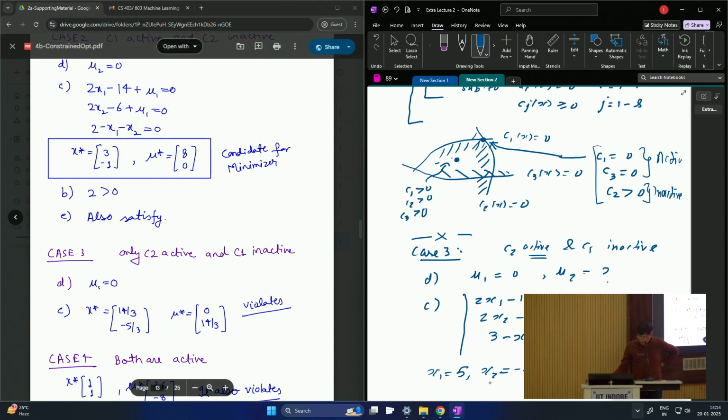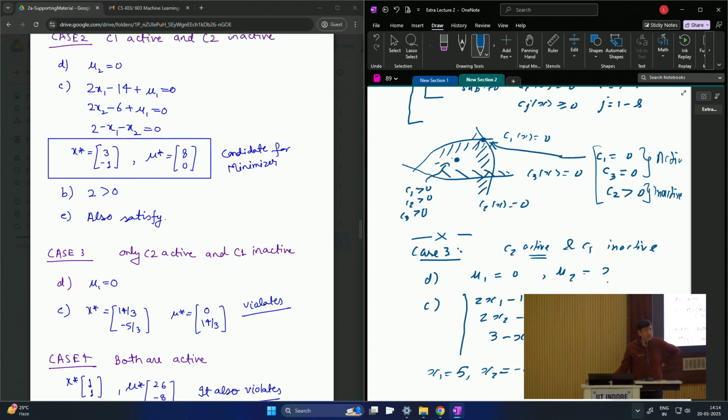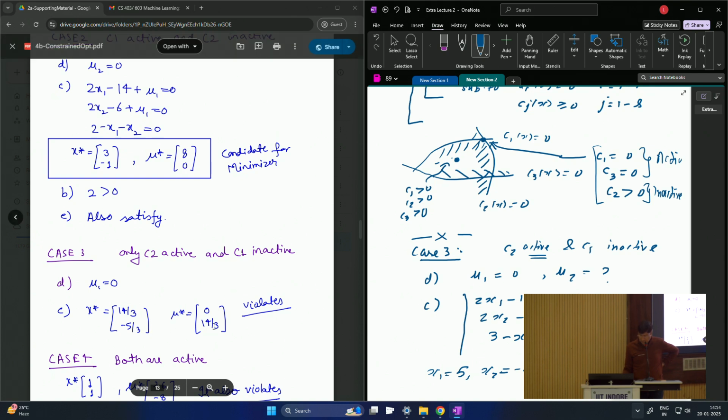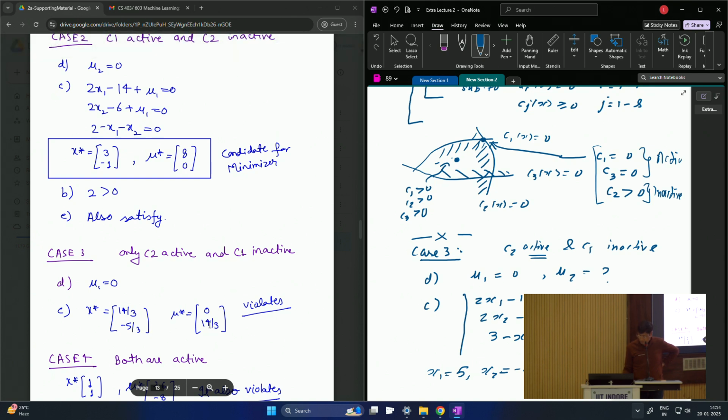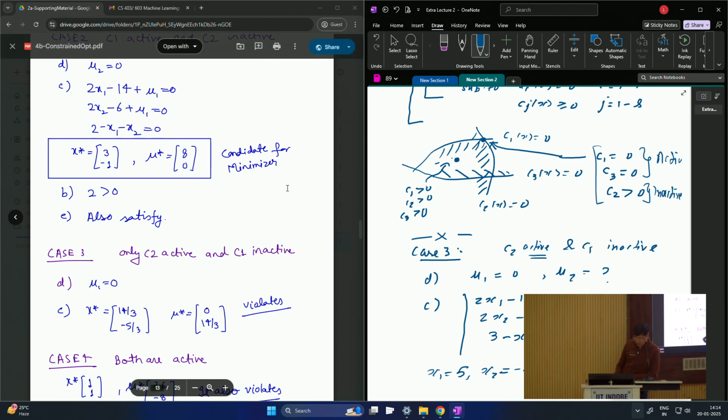So are we getting 2 candidates? This is also coming. Did anybody get 14/3? Did anybody get this? I think I wrote something wrong.